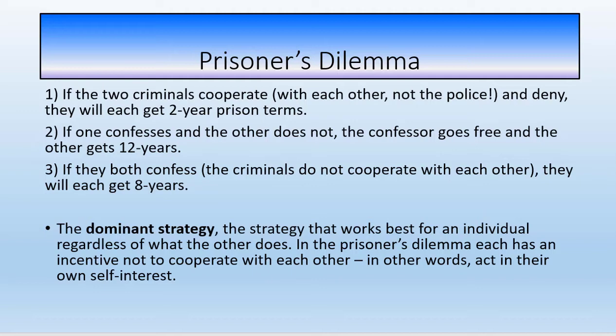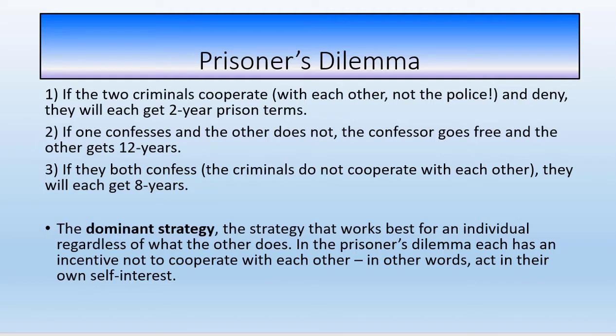If both confess, the criminals do not cooperate with each other, they each get 8 years. So the dominant strategy, the one that works best for an individual regardless of what happens in this prisoner's dilemma, is for each not to cooperate with the other. In other words, act in their own self-interest, cheating like we saw earlier with the duopoly.